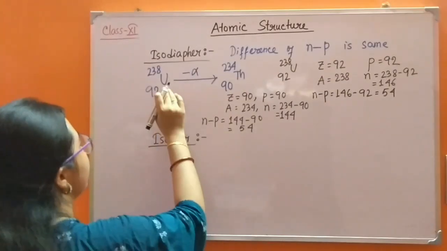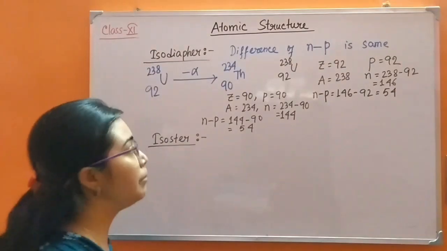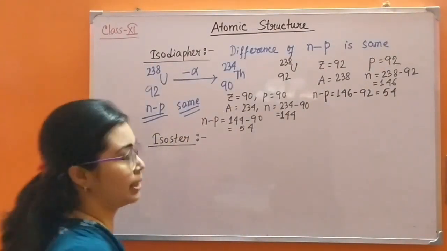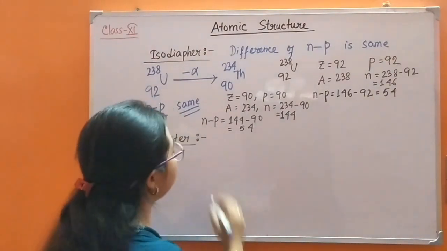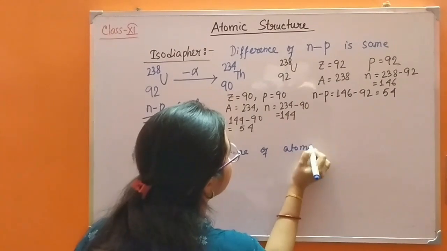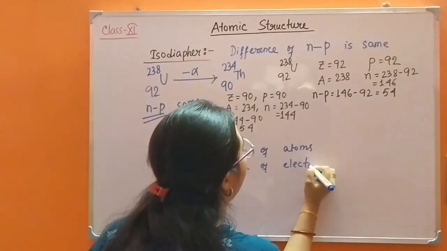So in the case of uranium and thorium, the neutron minus proton difference is the same. So these are isodiaphers.